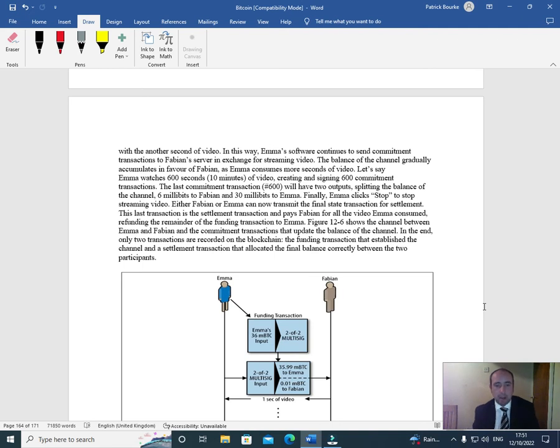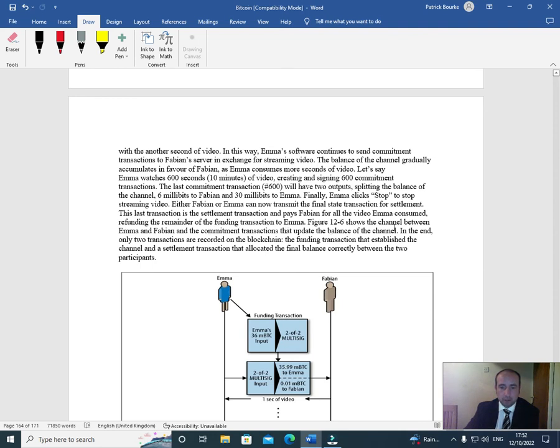Either Fabian or Emma can now transmit the final transaction for settlement. This last transaction is the settlement transaction, and pays Fabian for all the video Emma consumed, refunding the remainder of the funding transaction to Emma.